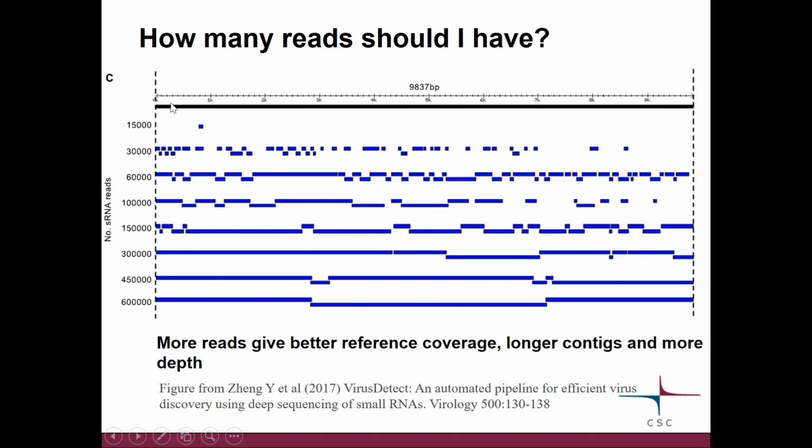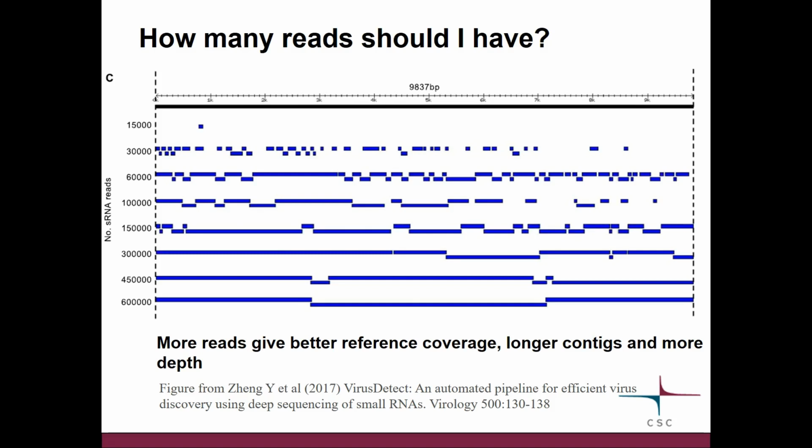So this particular image comes from the publication of VirusDetect. Here you have in black the reference virus, which is about 10,000 bases long, and then a sample that was sequenced at different levels. There was a sample which had very, very few reads, 15,000 reads only.